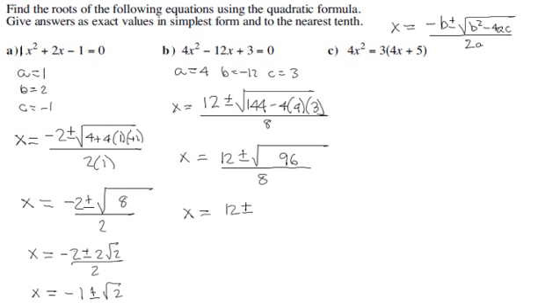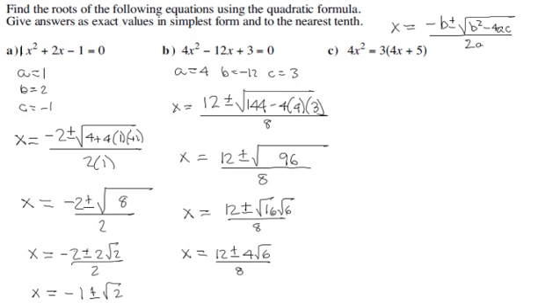Now, can we simplify 96? 96 is 6 times 16. Yeah, I think that's the best we can do. 16 has a nice square root. So it's root 16, root 6, all over 8, which is the same as 4 root 6 over 8.